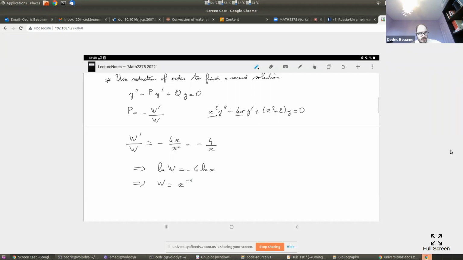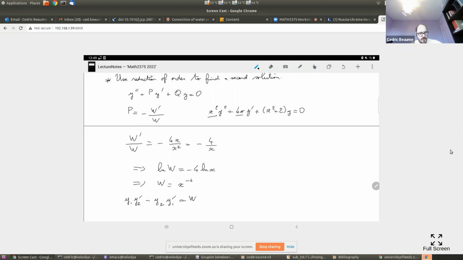And then there are some formulas that are quite interesting, particularly if you remember the definition of the Wronskian. The Wronskian, if I've got two functions, is y1 y2 prime. It's a determinant of the functions and their derivatives. Minus y2 y1 prime, and that's our Wronskian.